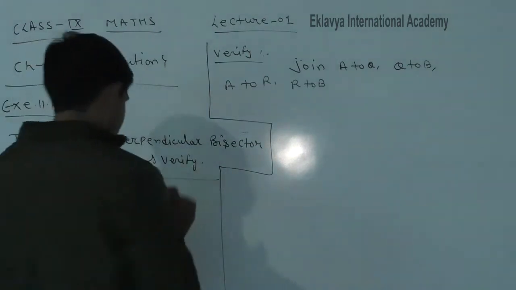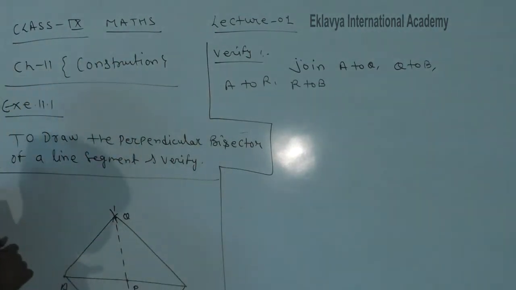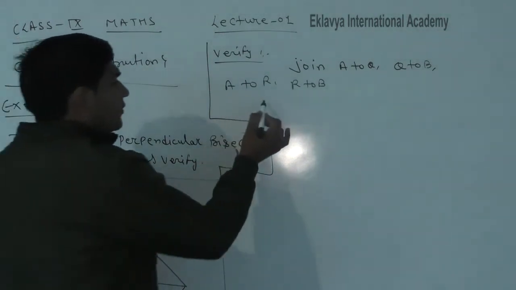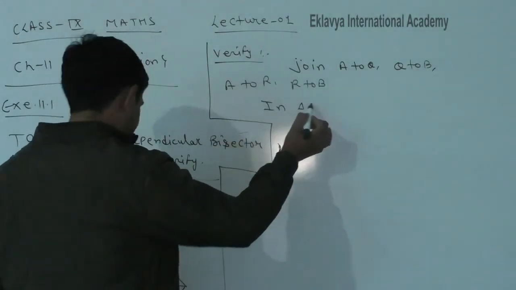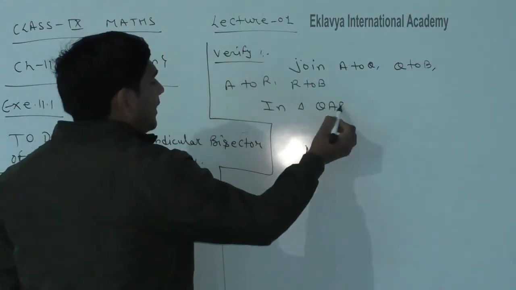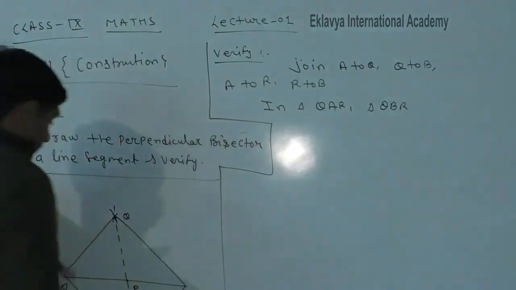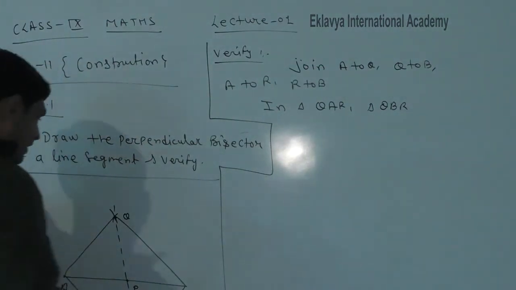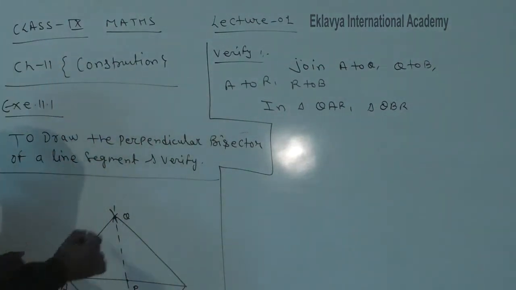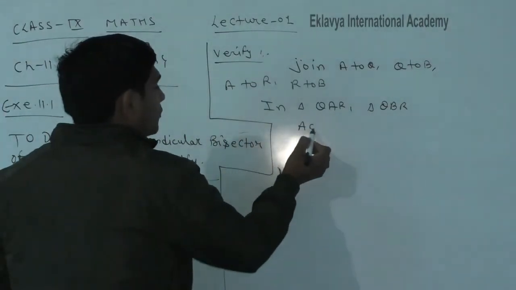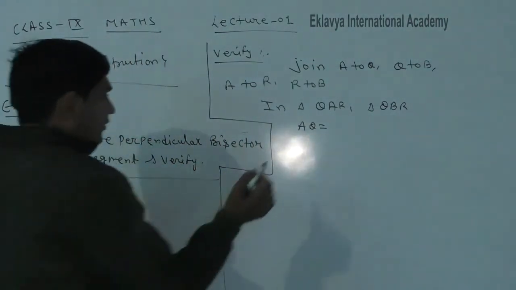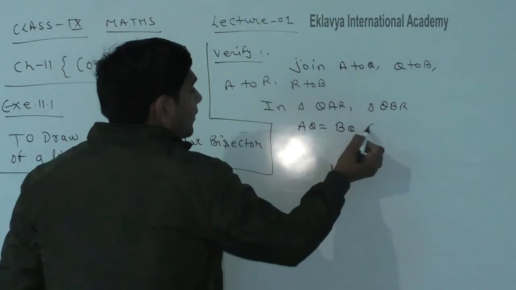After that we will first prove that triangle QAR and triangle QBR are congruent. In triangle QAR and triangle QBR, first, AQ is equal to BQ. Why?